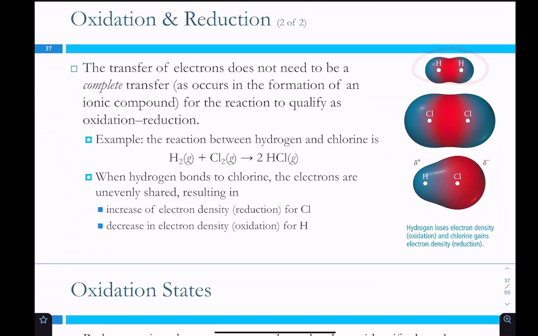Hydrogen bound to a hydrogen, they're shared evenly. Chlorine bound to chlorine, those are shared evenly. But after this new bond is formed, it's uneven. So the electron density of chlorine has increased. And since the chlorine's gaining more electron density, it's being reduced. Reduction is gain. And since the hydrogen is losing electron density, oxidation is loss, so hydrogen's being oxidized.